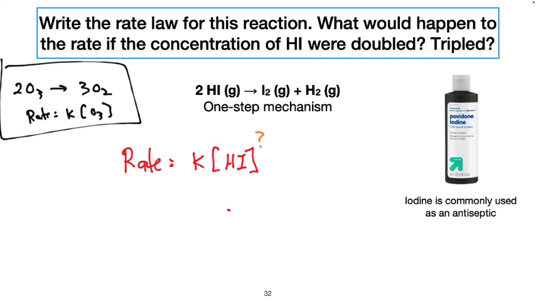Does this question change? Why does it change? It doesn't have a mechanistic step, it's just got the one step. It's saying that this is a one-step mechanism, okay? Which is effectively implying that this is a mechanistic step. And if it's a mechanistic step, what happens to that 2?